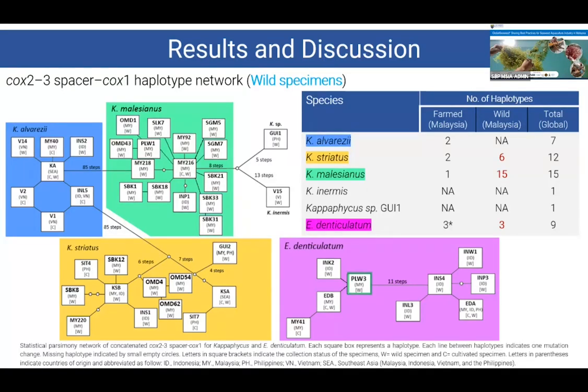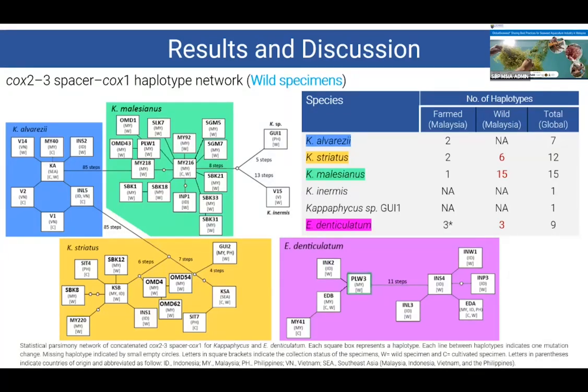The majority of the novel haplotypes of Kappaphycus striatus appeared to be closely related to the KSB haplotype, which is shown here. And this haplotype is very different from the commercial Kappaphycus striatus cultivar KSA. While the PL3 haplotype of Eucheuma denticulatum has a closer affinity to the Endong variety of the Philippines or the Cacing variety that used to be farmed in Malaysia.